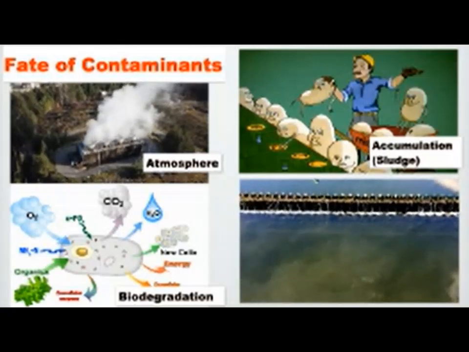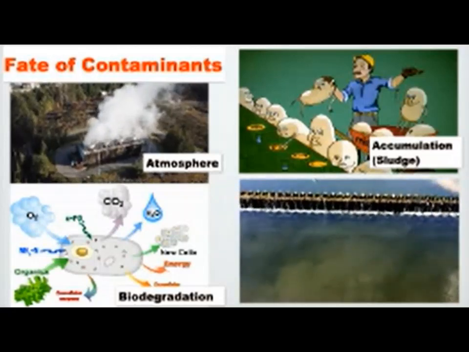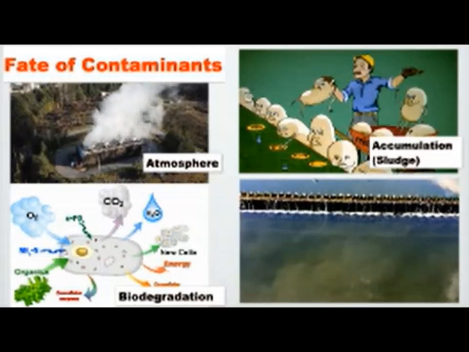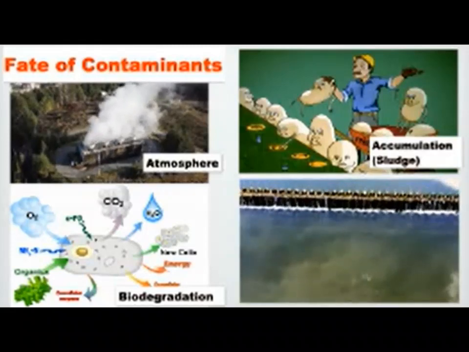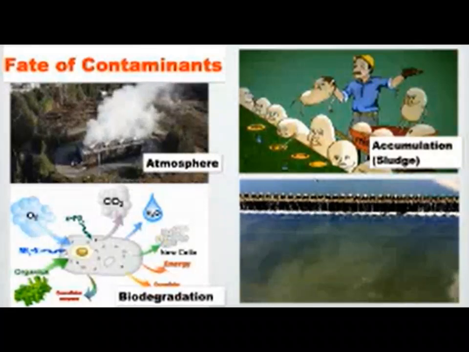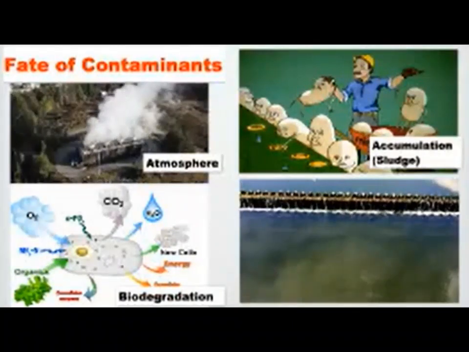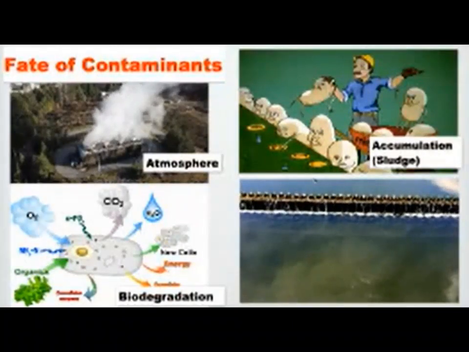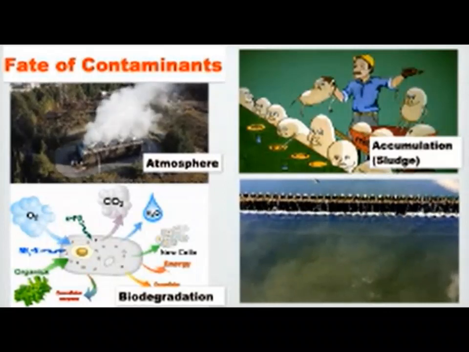I tip my hat and I bow deeply to my solids handling brothers and sisters here, because ultimately, whatever we remove, if it's not volatilized or degraded to some byproduct that leaves through respiration, which is typically carbon dioxide or nitrogen gas that might volatilize off an aeration basin, we're tucking it into the sludge and moving the contaminants through the solids handling side. So sludge handling typically ends up being the ultimate removal of the contaminants.